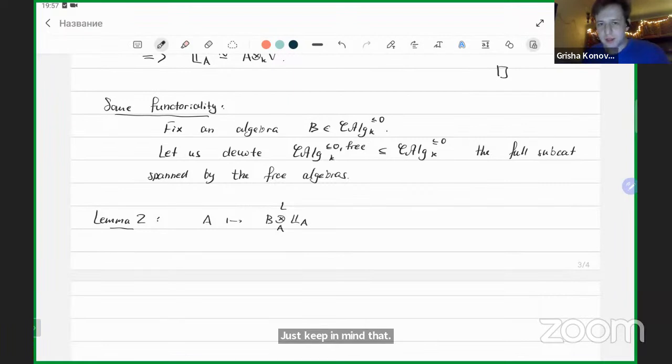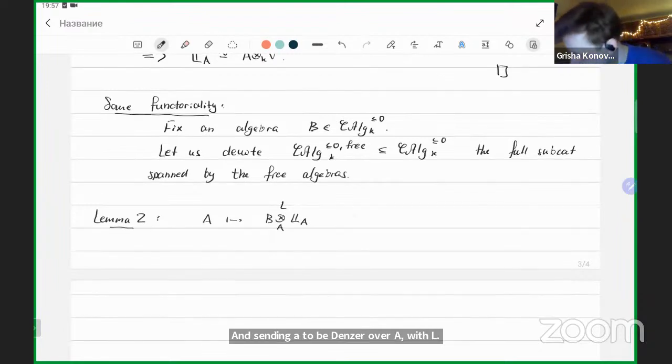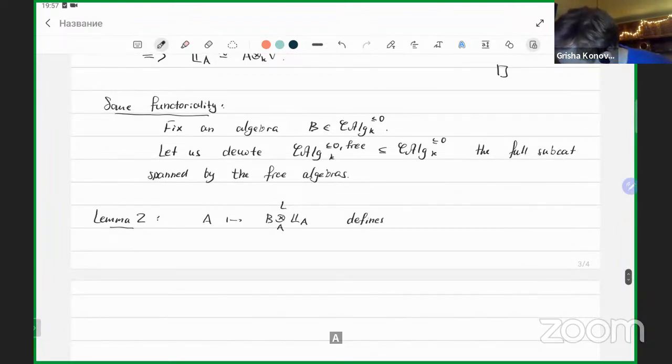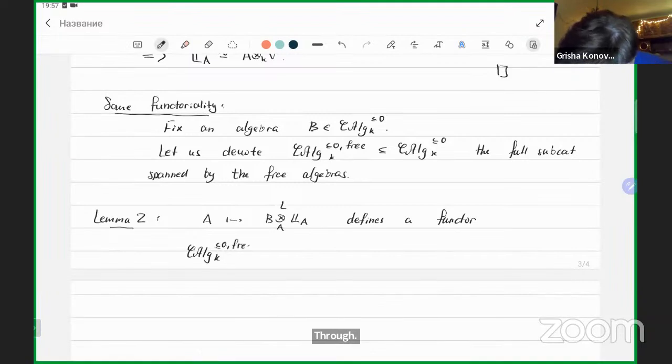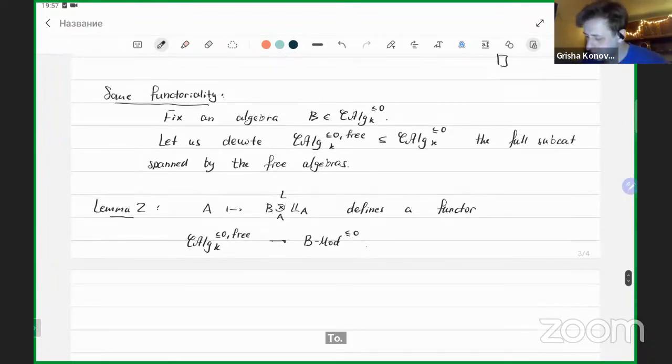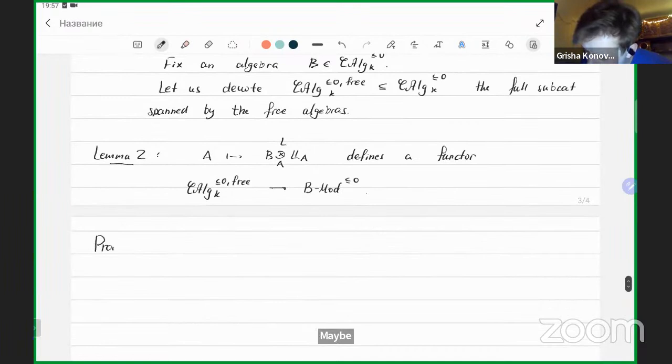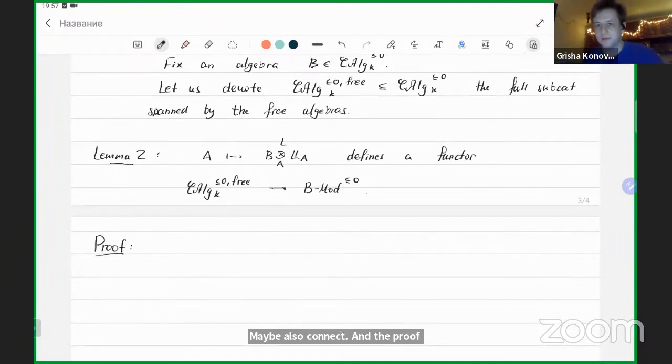And sending A to B tensor over A with LA defines a functor from connected and free CL to B models, maybe also connected. And the proof again consists of checking that some universal properties agree.